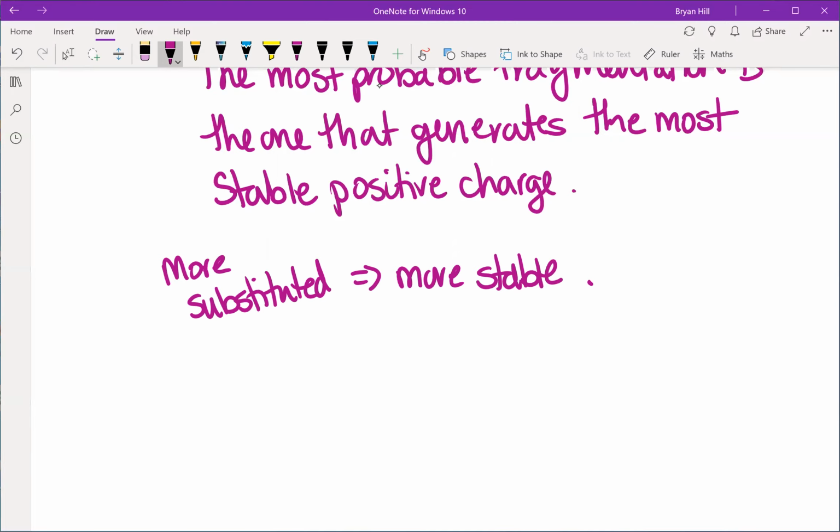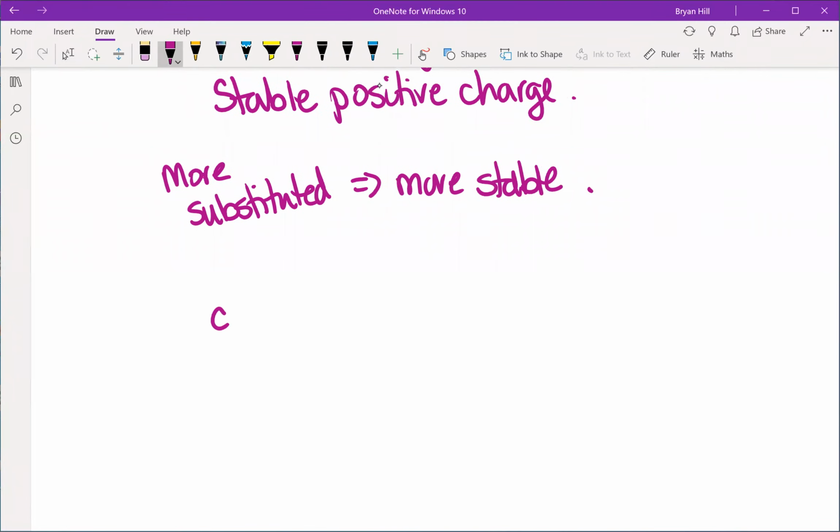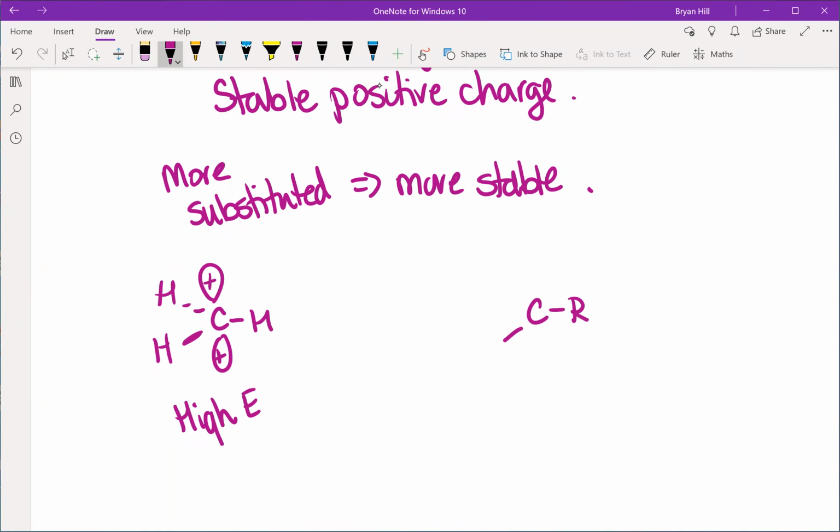So what do we mean by this? If we've got a little carbocation like this guy, which has got no alkyl groups, this will be high energy. Whereas a carbocation which has got 3 alkyl groups will be lower energy.